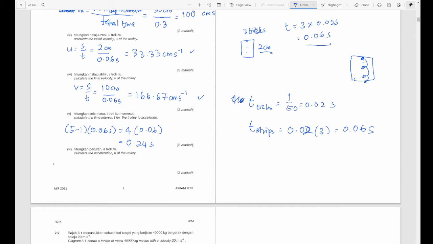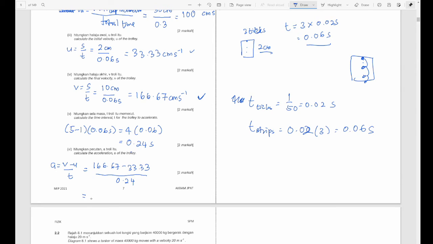For this one you can use the formula a equals (V minus U) divided by T. For V, the final velocity, you can use this information: 166.67 minus U, which is 33.33, divided by the time interval, which is 0.24.